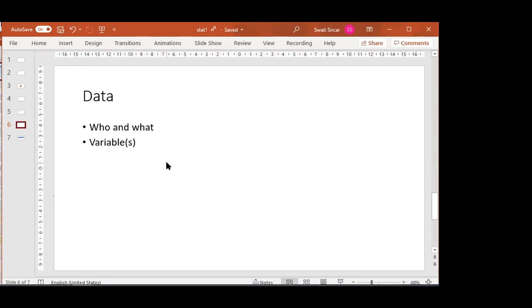Now if you bring a bit of nuance, because there are two doses of vaccination, you can quantify it into 0, 1, and 2: not vaccinated at all, got first shot, got both shots. Then it becomes discrete quantitative data.